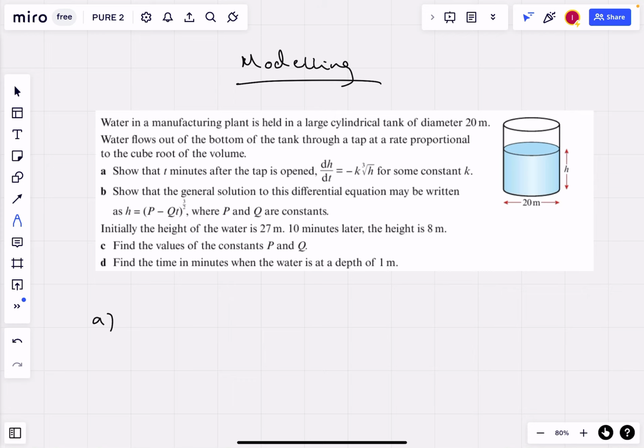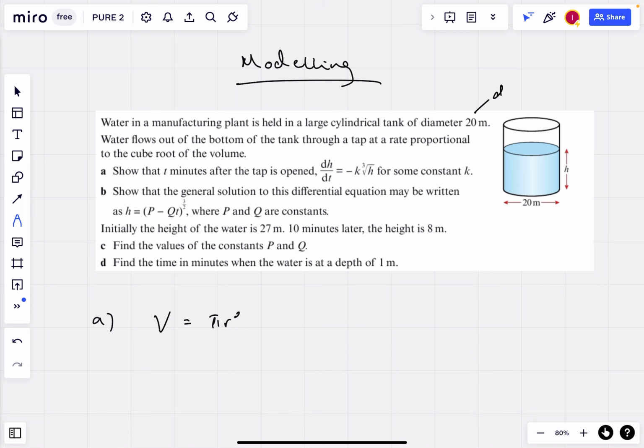Okay. You've got the diameter of 20 meters here. That's going to come in handy. And we are using a cylinder, right? So we're going to make use of volume. How do you work out the volume of a cylinder? What's the equation?